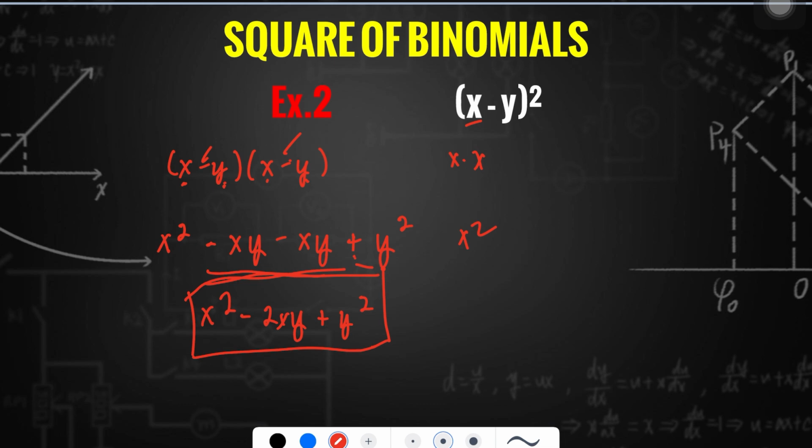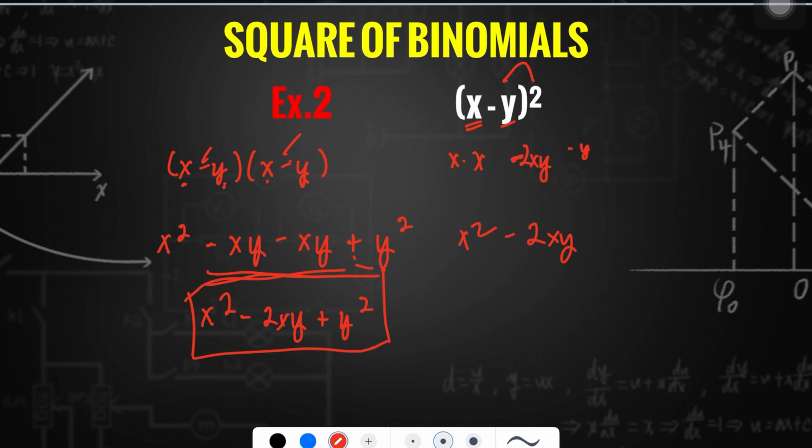And then multiply the first and the last term, that's negative xy, multiply by 2, that's negative 2xy. And then square the last term, so negative y times negative y, that's positive y squared. As you can see, we've got the same answer as this one.